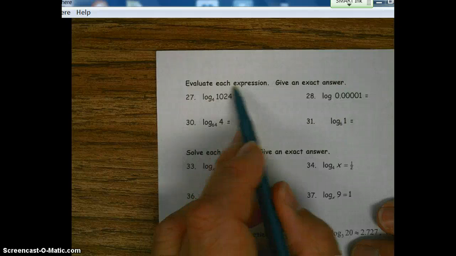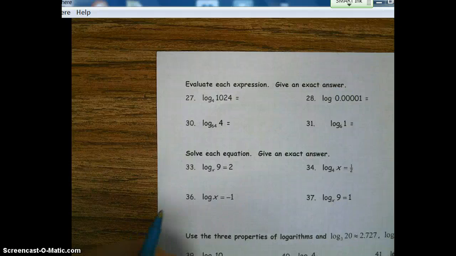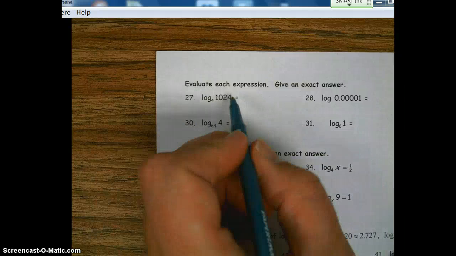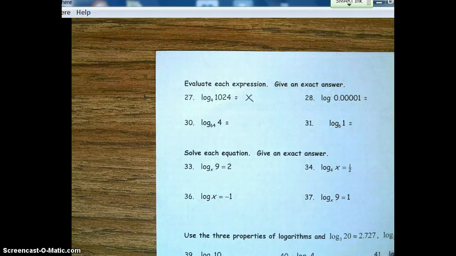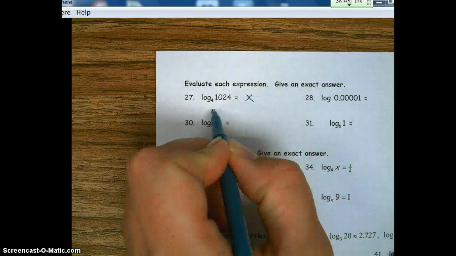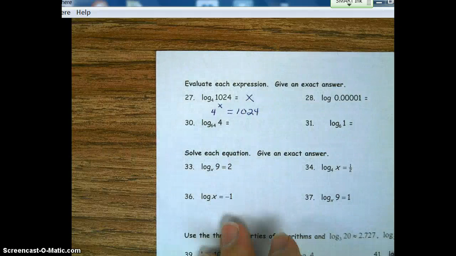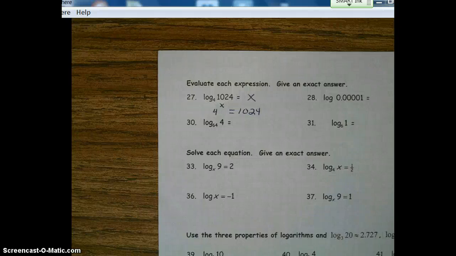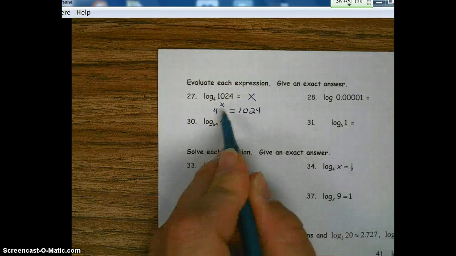It says evaluate each expression, give an exact answer. Since we're in logarithmic form, our answer is our unknown, so I'm going to use an x for our unknown. The base is 4, so 4 to the x power equals 1024. Now if you remember from one of my previous videos, in order to solve this problem, we need to get the bases the same.